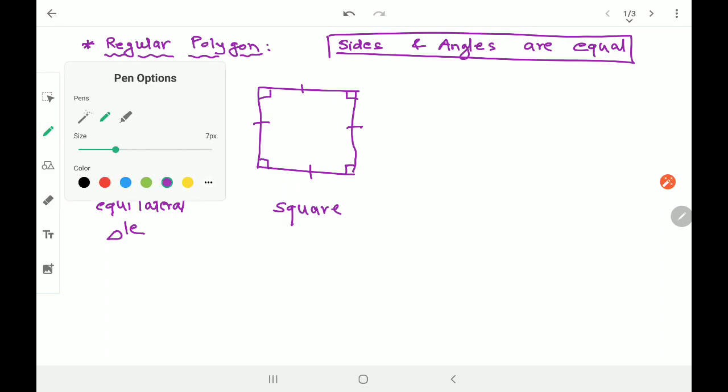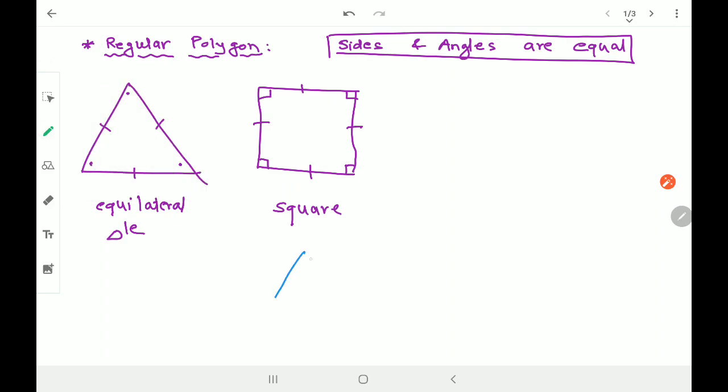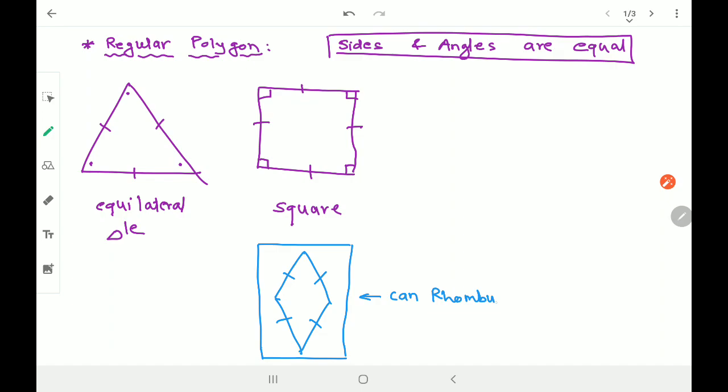What if I take a rhombus? A rhombus has all 4 sides equal. Can I call it a regular polygon? You can answer this to me on WhatsApp. So the question is simple: can a rhombus be a regular polygon?